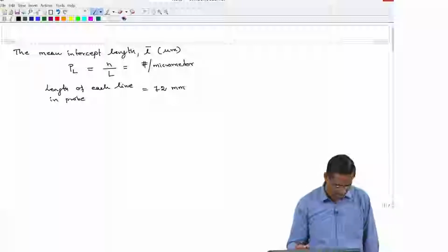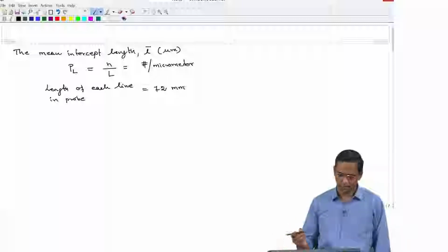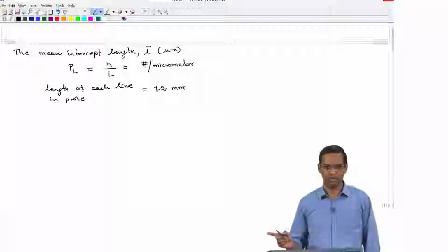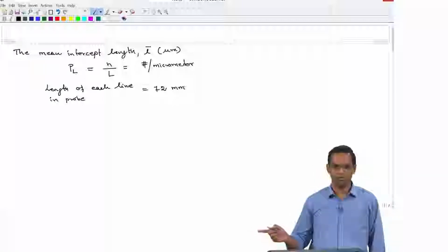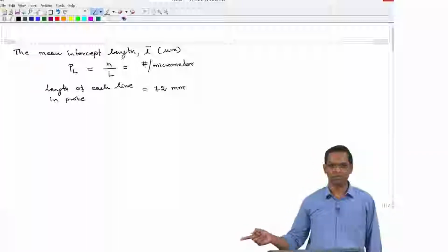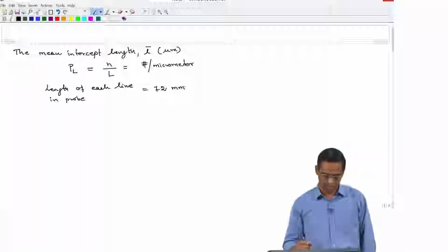We have to remember that the micrograph was taken at 200x. Probably if you noted carefully, the micrograph does not have a micron marker, but there was a mention that it is taken at 200x magnification.